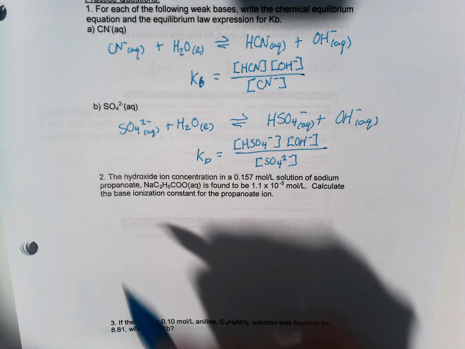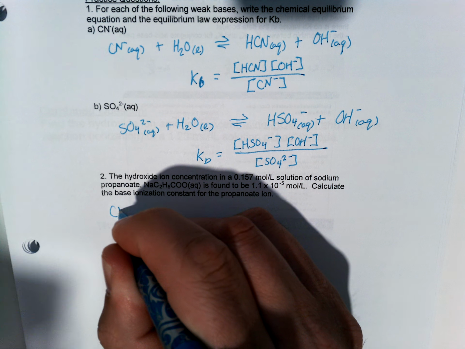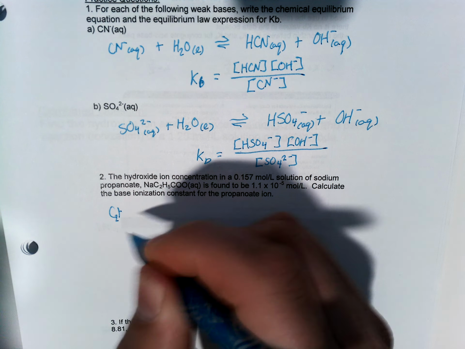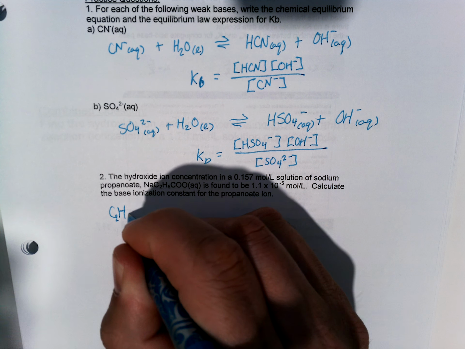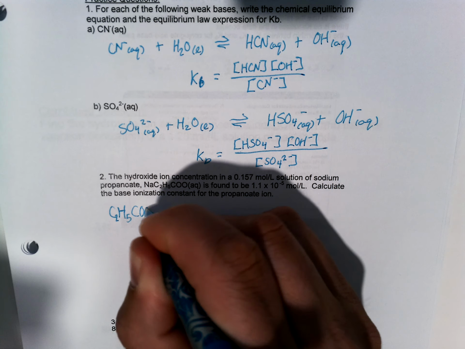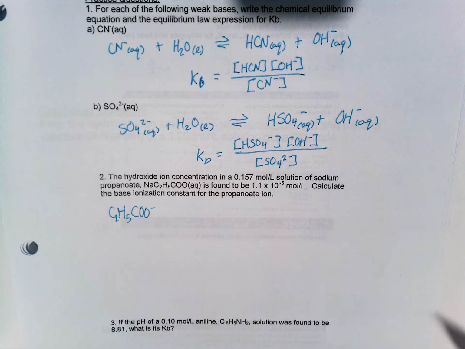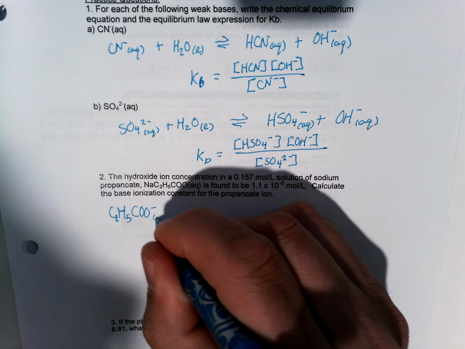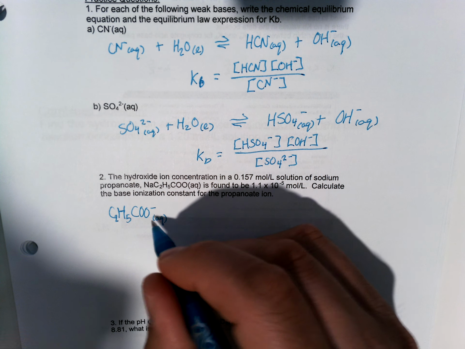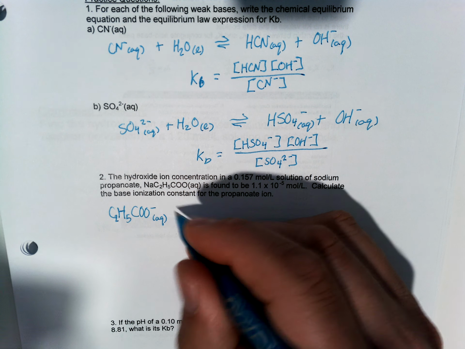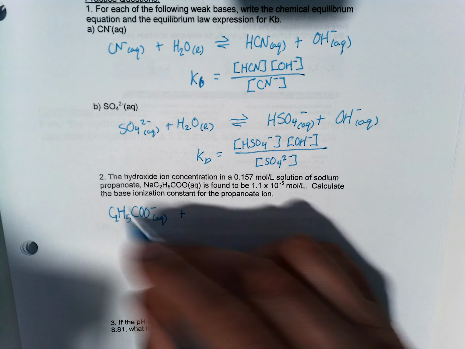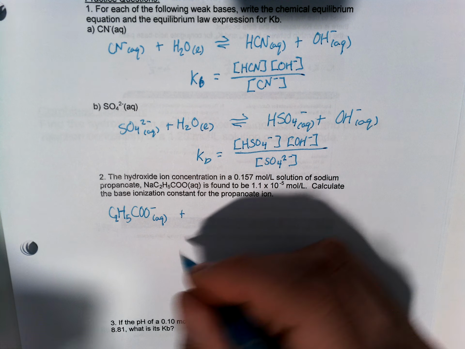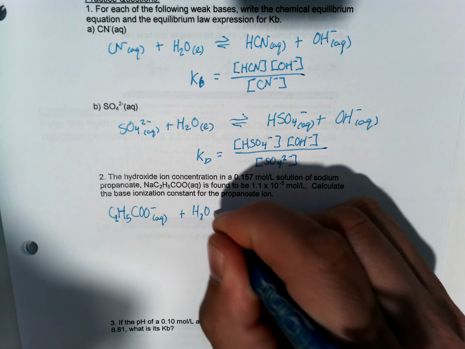So our formula here, so we start C2H5COO minus. Again, the Na, as soon as we put in water, that Na splits off and becomes a spectator ion. Not needed. We just need this part. Okay, this is our base that is acting in this. We add it to water.